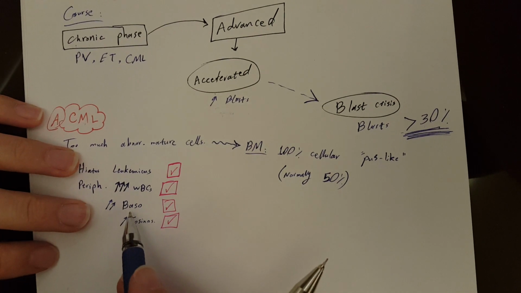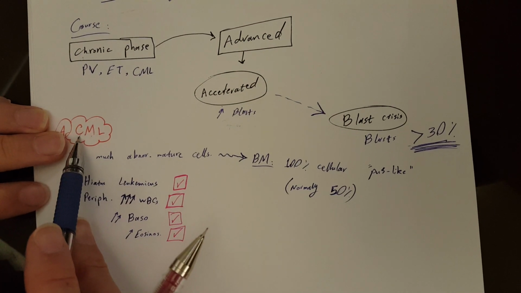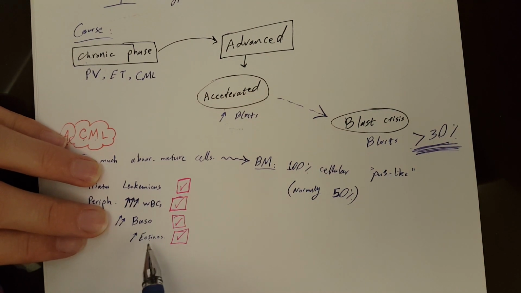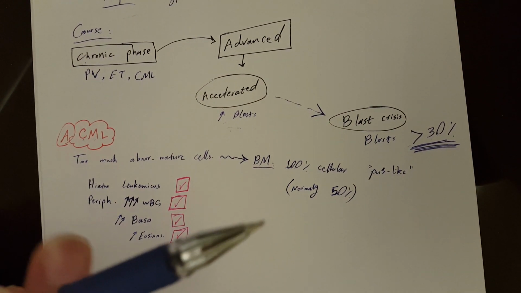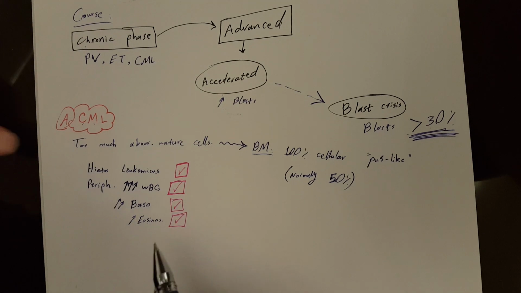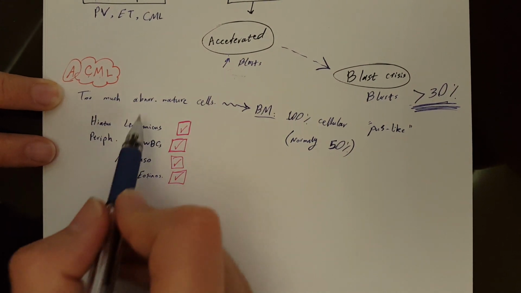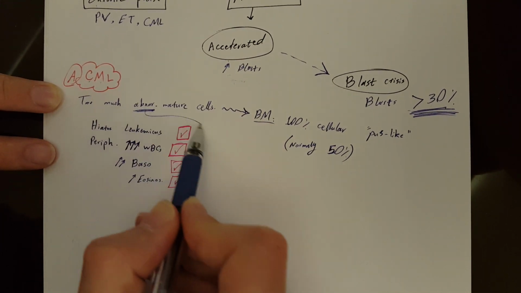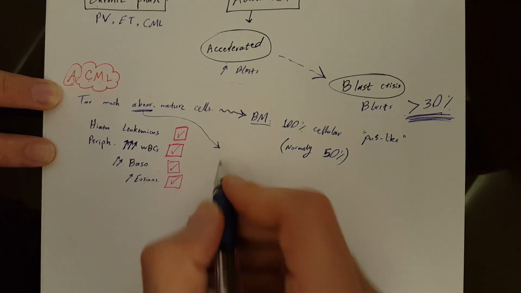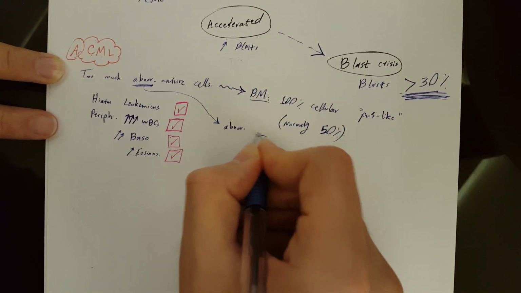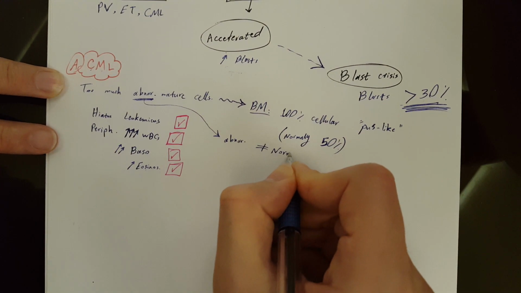One way to connect it is that this is chronic, so there's so much time for some cells to differentiate into basophils and eosinophils. We said that these are abnormal. Let me tell you a trick about the word abnormal. Abnormal means they're not like normal.